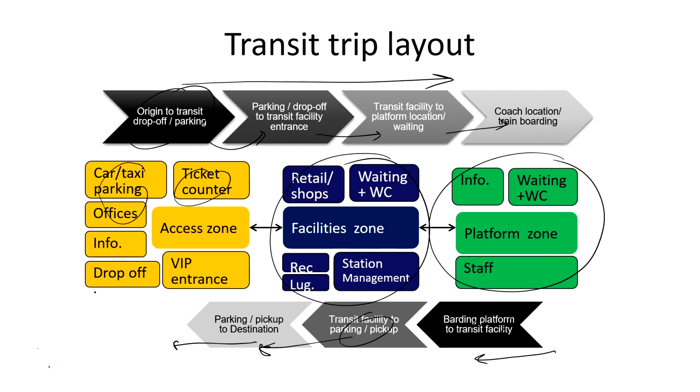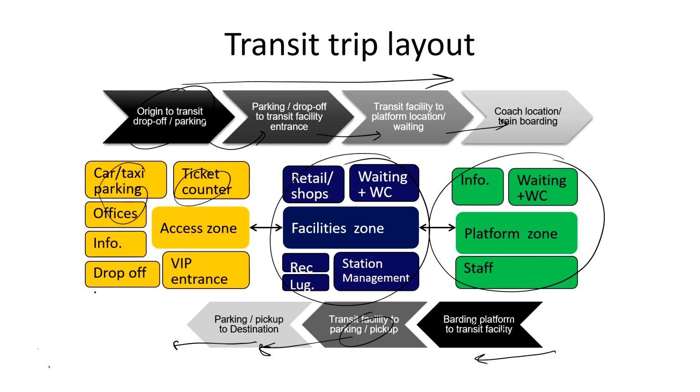So in this way, we have broken our entire trip into segments. So plan for the trip. This segmentation approach enables planners to consider each phase of the journey in detail, ensuring that the transit flow is optimized efficiently and conveniently.